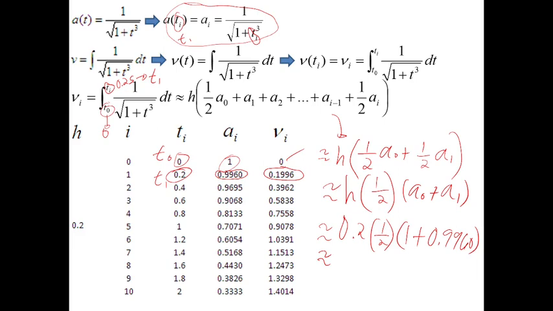So 0.2 times 1 half times 1 plus 0.9960. We get 0.1996. So that is 0.1996.